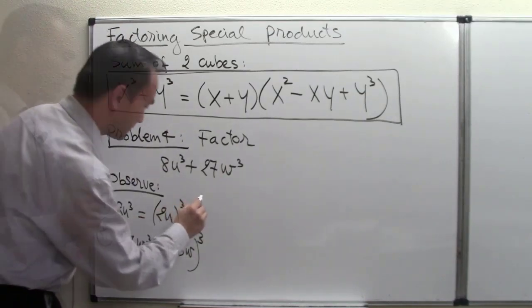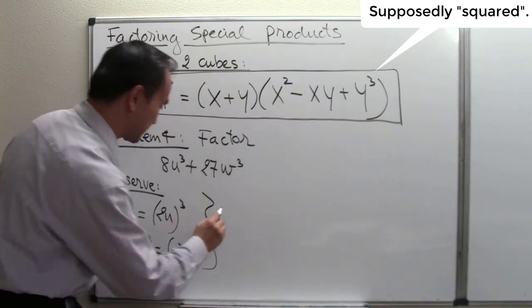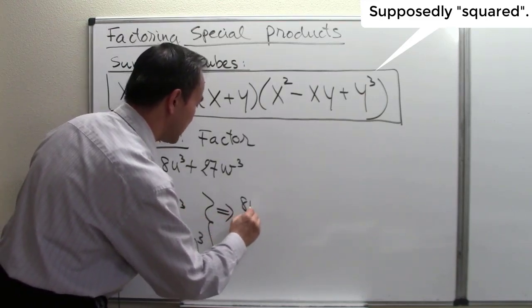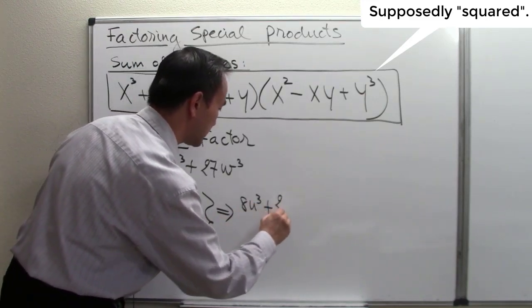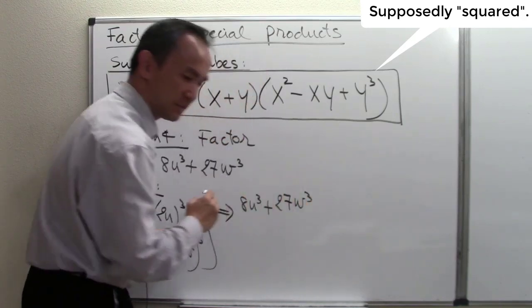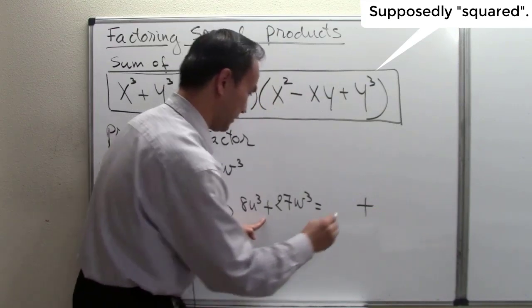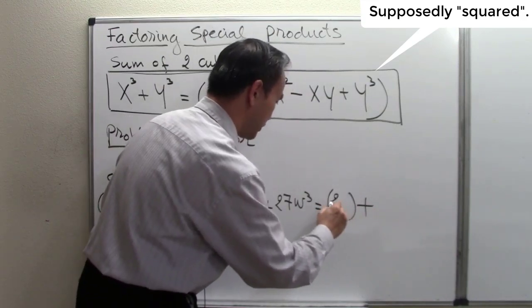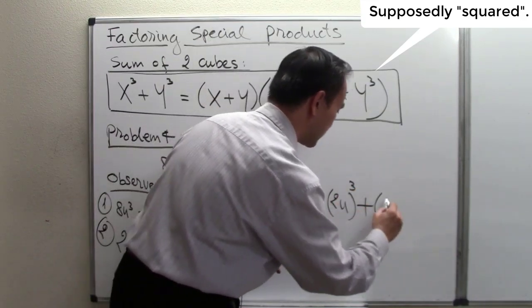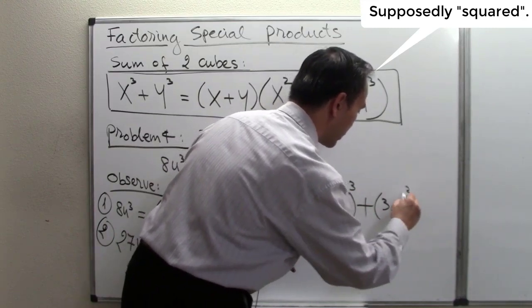All right. So now from that point I can see that 8u cubed plus 27w cubed can be understood as a sum of two perfect cubes, 2u all cubed plus 3w all cubed.